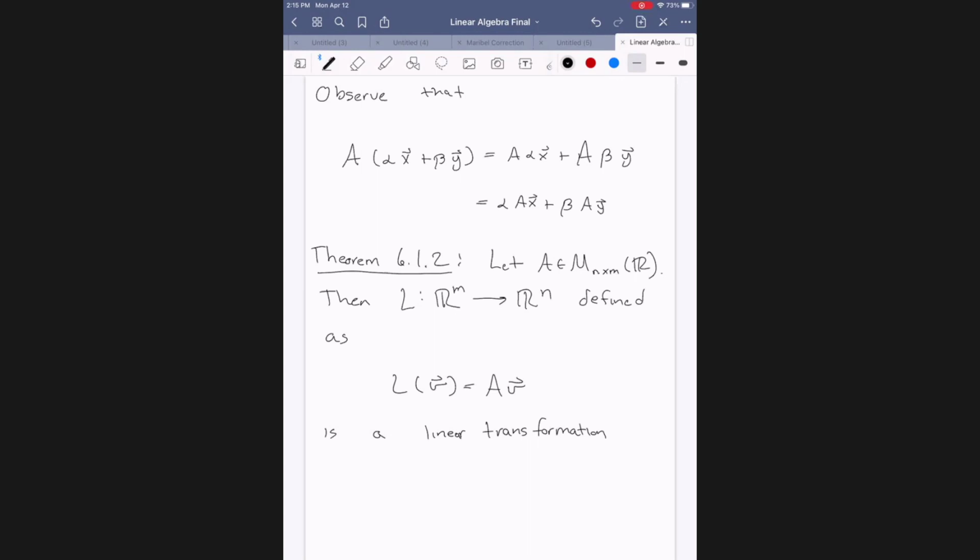And the proof is literally just this. That's how you prove the theorem. So an n by n matrix takes a vector from R^n and spits out a vector in R^n. Okay.